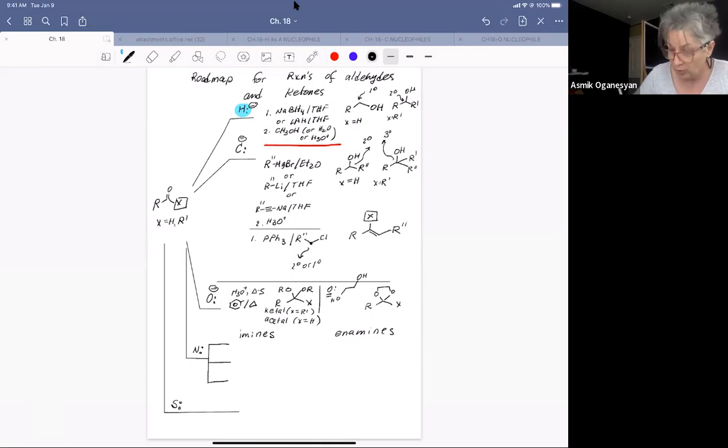Let's put nitrogen sources, NH3, NH2OH, NH2NH2, and NH2R. Okay, NH2R. So here are our nitrogen sources. Let's see what will happen. The reaction conditions are again the same.